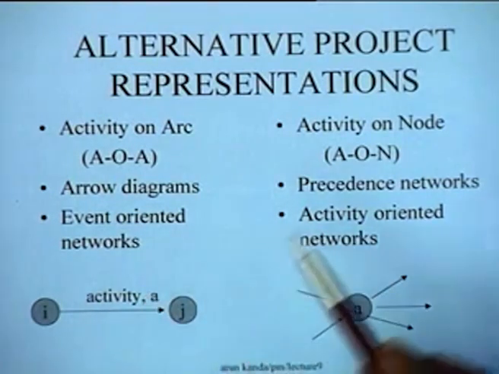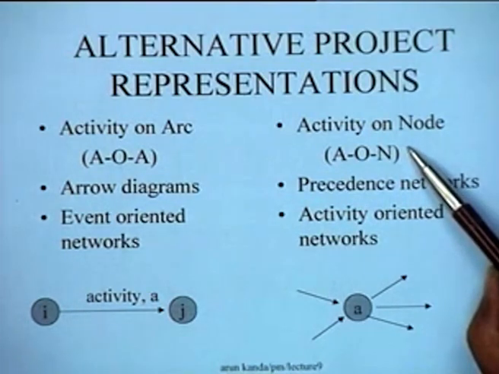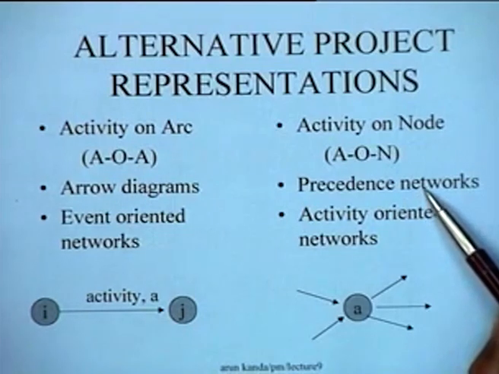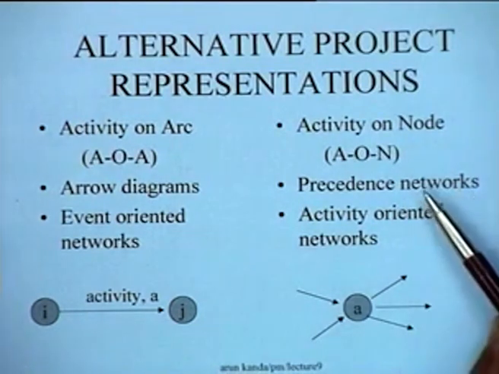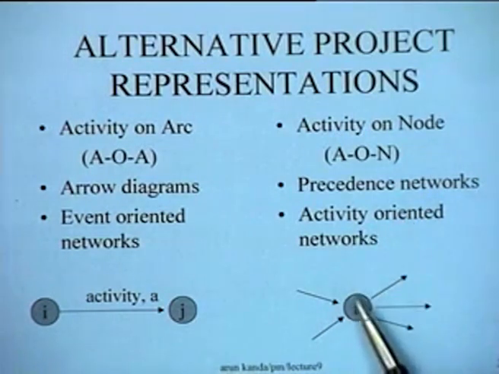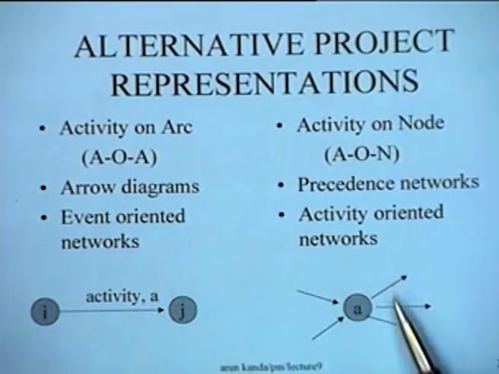On the other hand, in the activity on node representation, which are also known as precedence networks, these networks are actually activity oriented networks. So each activity or node here represents the job and the arrows represent in fact the precedence relationships.